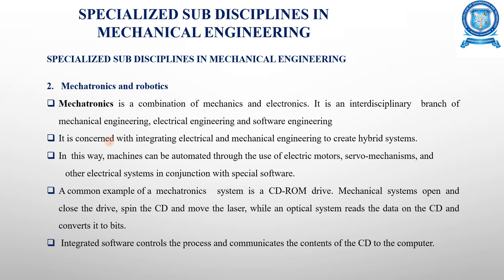And this is concerned with integrating electrical and mechanical engineering so as to create hybrid systems. And in this way, machines can be automated through the use of electric motors, servo mechanisms, and other electrical systems, in conjunction with special software.